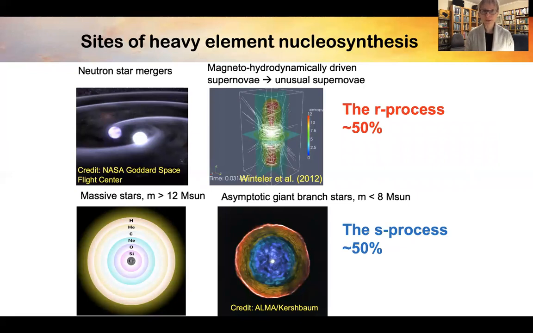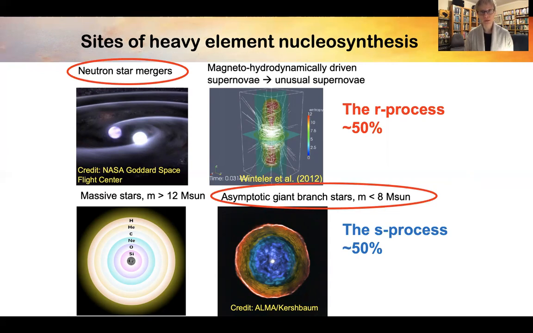But roughly, neutron star mergers have been confirmed observationally, and then we also think from theory that perhaps magneto-hydrodynamically driven supernovae. In terms of the s-process, two sites have been identified: asymptotic giant branch stars, confirmed by observation and theory, and massive stars during their hydrostatic burning phases.